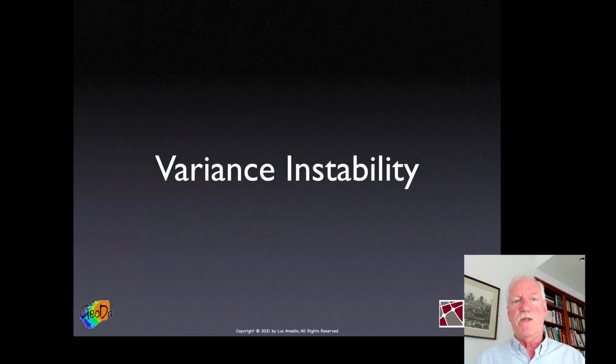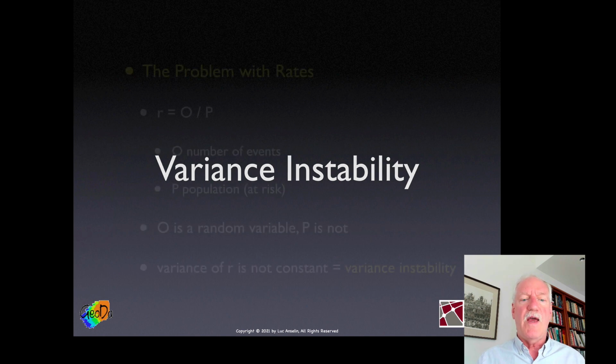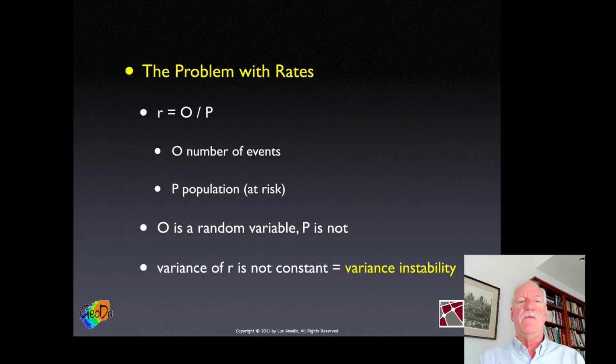Okay, so with the maps of the risks, an underlying assumption is that the precision of the estimate of the risk is the same everywhere. And this gets a little more statistical, a little more formal. The bottom line is that this is not true. So the problem with rates is that the variance of the rate is not constant, which is referred to as variance instability.